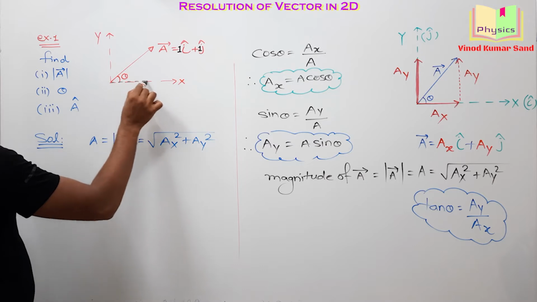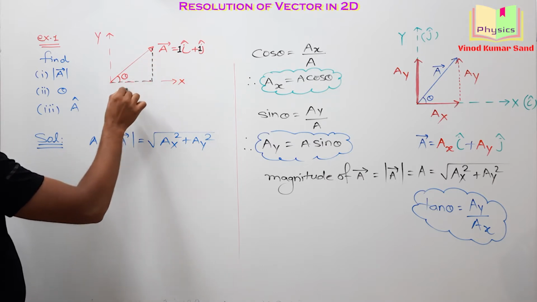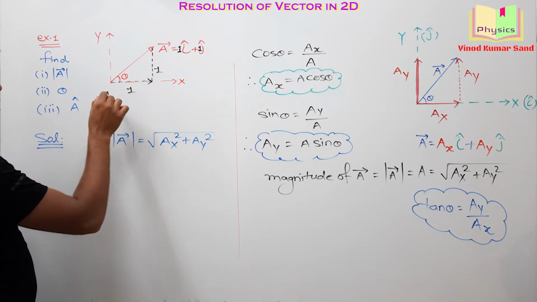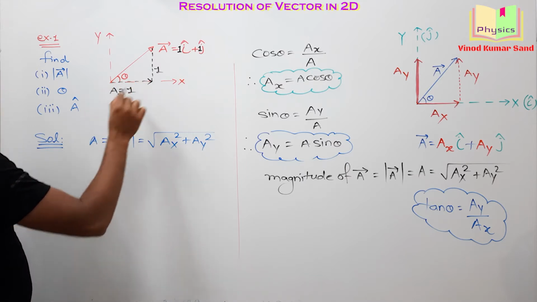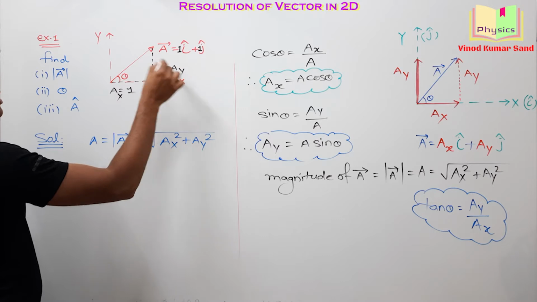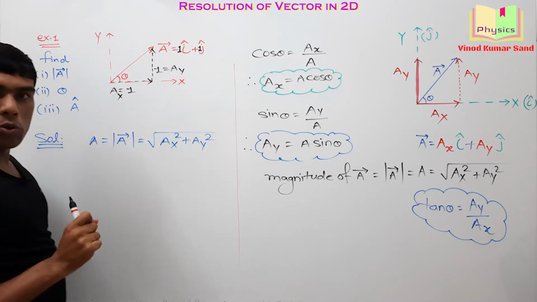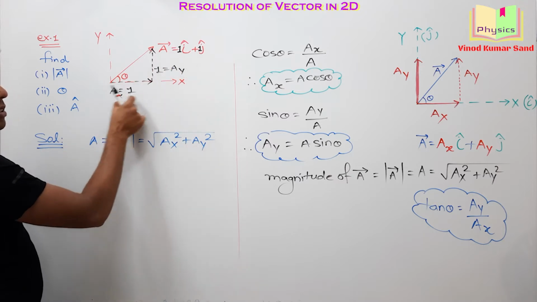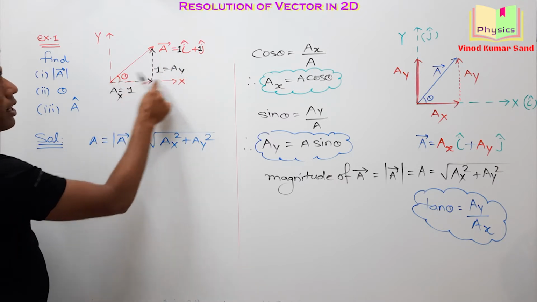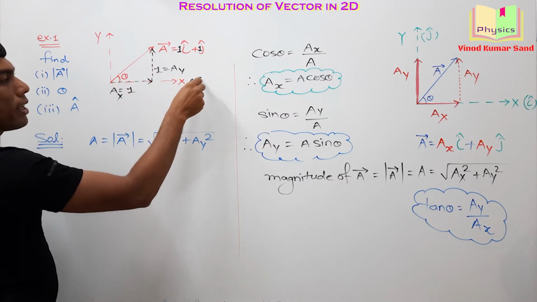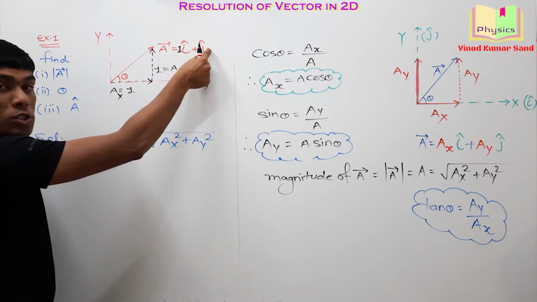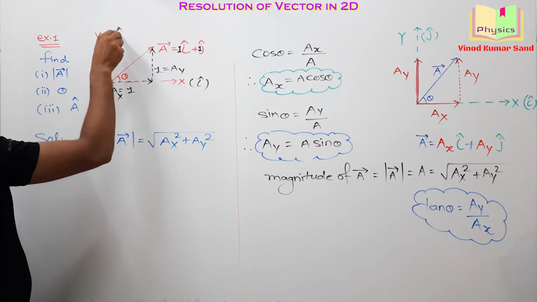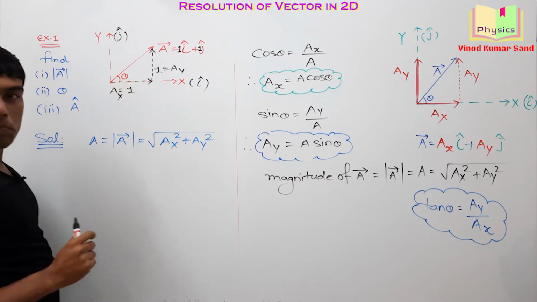It means the x component and the y component both have length 1 only. This can be treated as AX, this can be treated as AY. Do you agree? 1 i cap is a vector along the x-axis like this, having magnitude 1 and direction along i cap. Similarly, 1 j cap is a vector like this, magnitude 1 and the direction is along j cap.